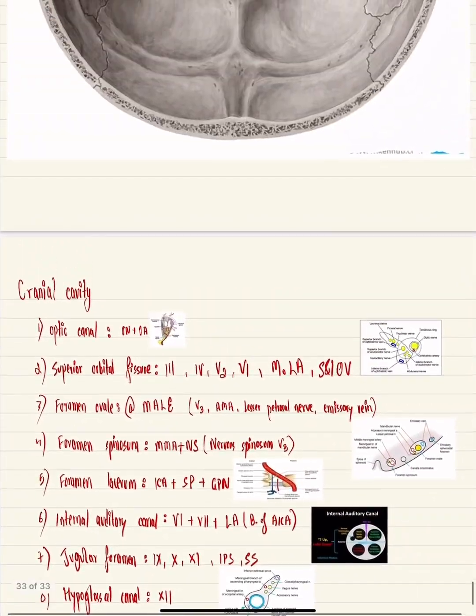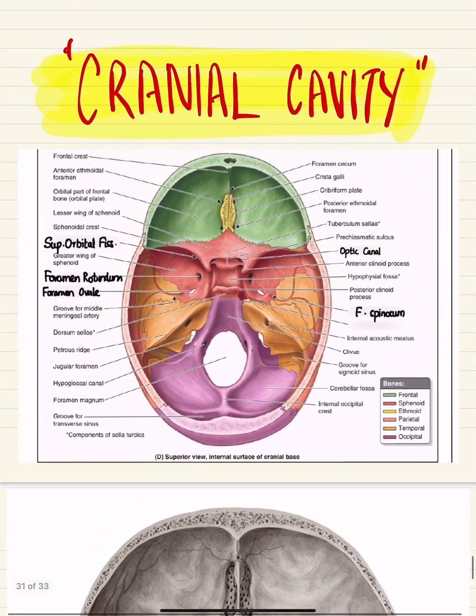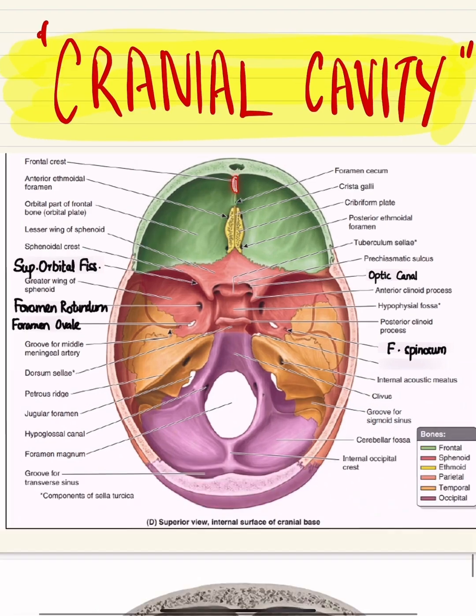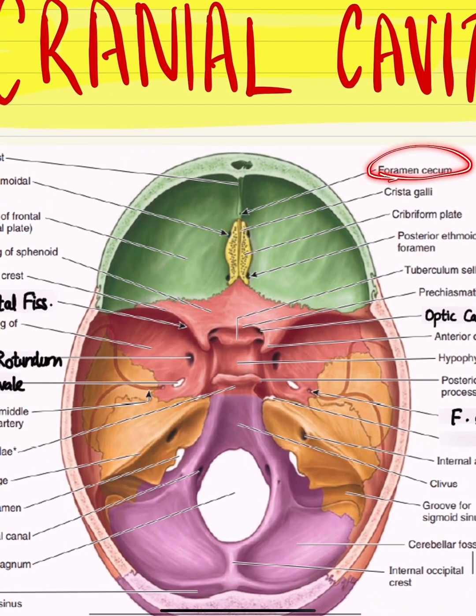So, in summary, we can see this chart. We have the anterior cranial fossa, middle cranial fossa, and posterior cranial fossa. The anterior cranial fossa has the frontal crest, foramen cecum, crista galli, and cribriform plate from where the olfactory nerves come out.